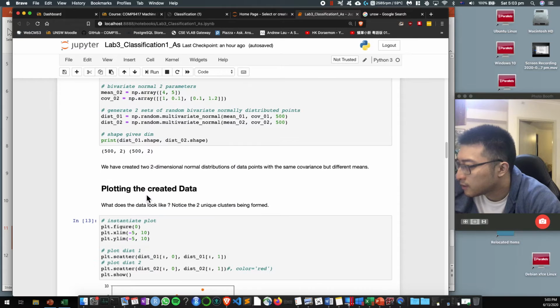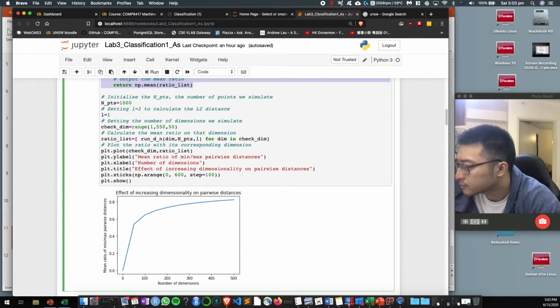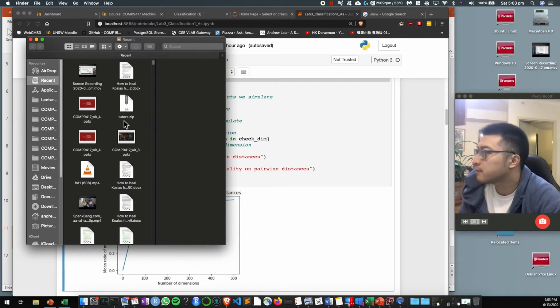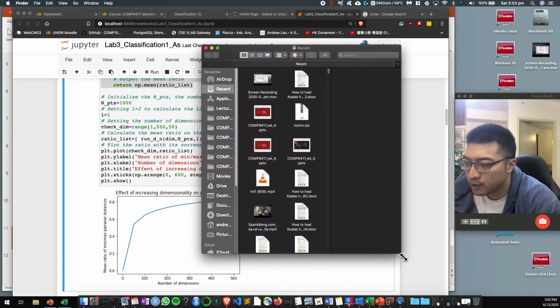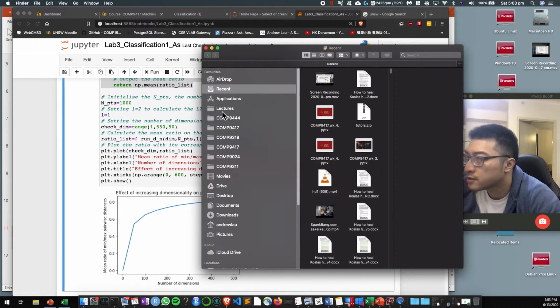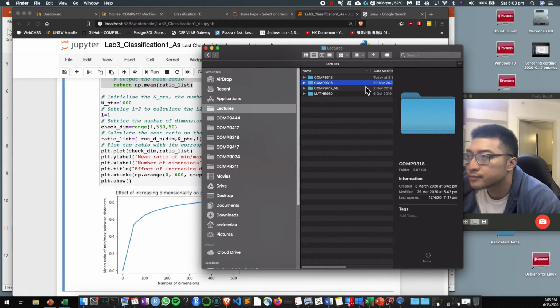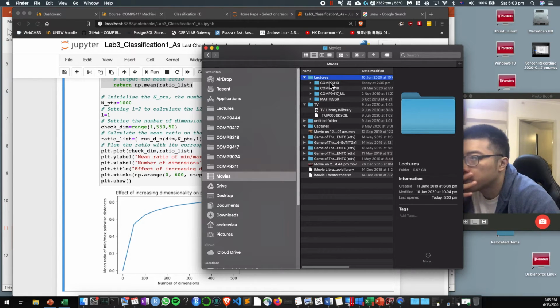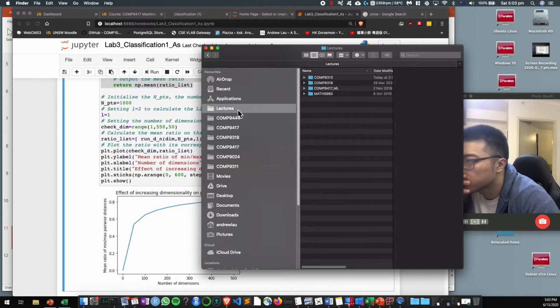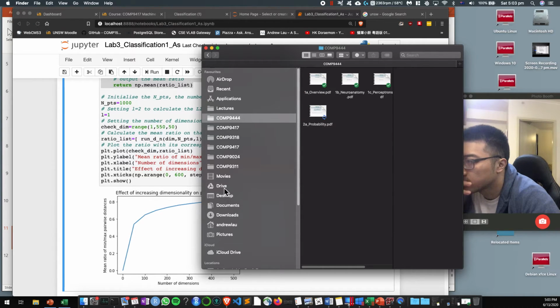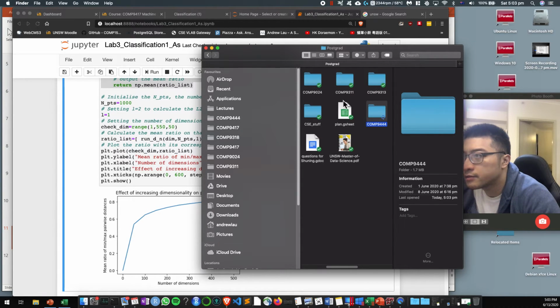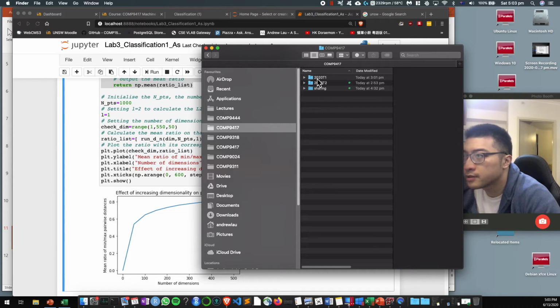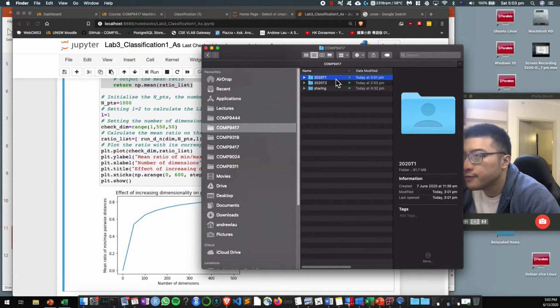I feel like I had another Jupyter notebook with a few more notes in it. No, where is it? Where did I put it? It's not here. I don't even know. Where is it? Here it is. Okay. I think I had something from last semester.